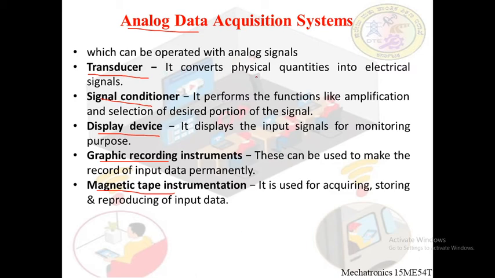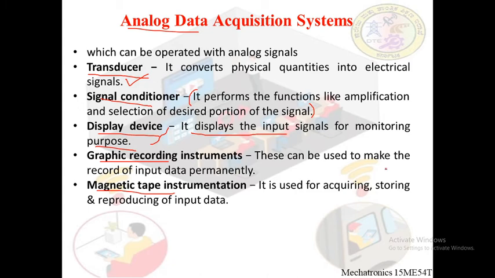A transducer converts a physical quantity into an electrical signal. It converts one form of energy into another. The signal conditioner performs work like amplification, filtering, conditioning, and strengthening, so that the signal achieves the desired limit. The display device displays the signal on the monitor, which is part of data presentation.